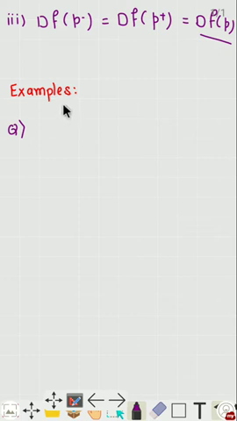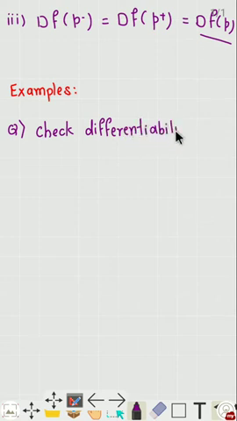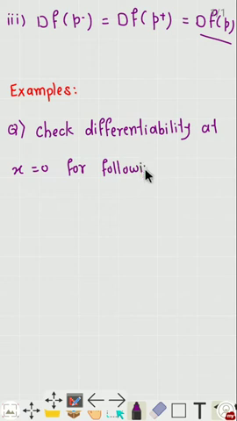Check the differentiability of a function at x equal to 0, for the following function.